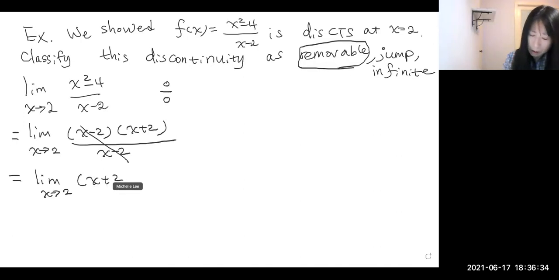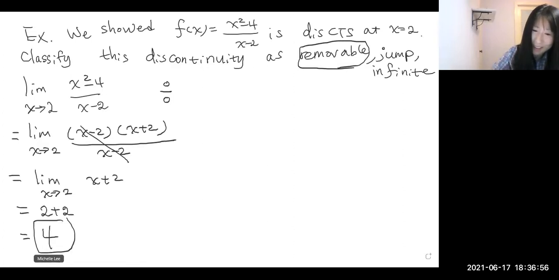We need the parentheses here. What do you get? 2 plus 2, 4. Thank you.